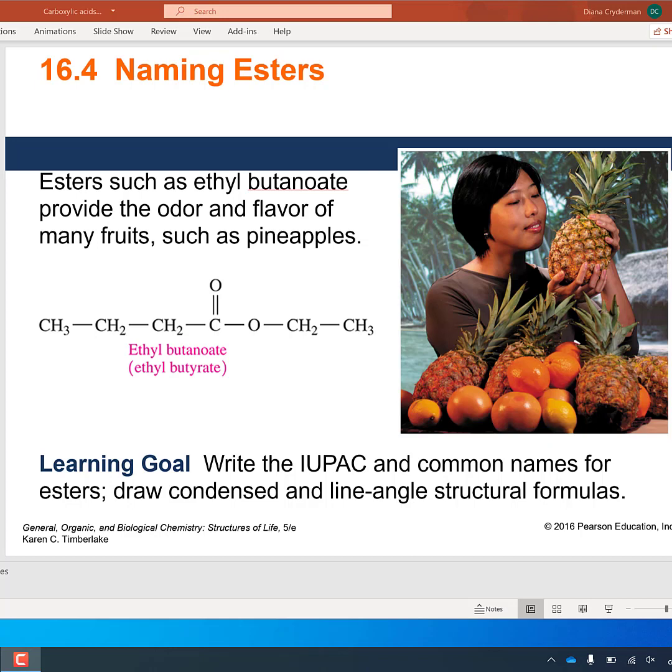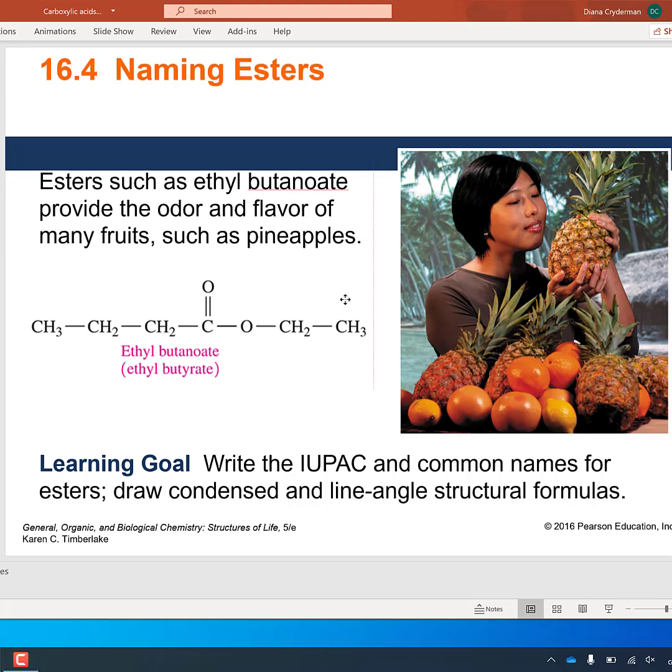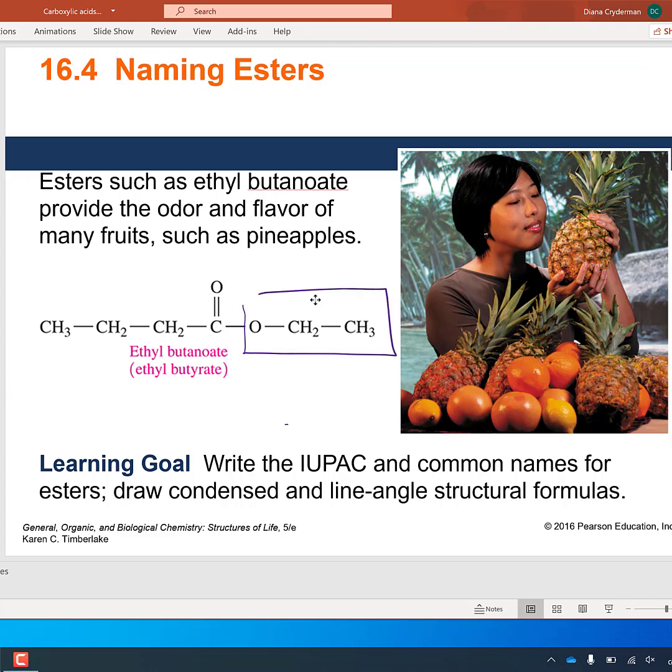If we look here at the molecule drawn here, which is actually the flavor and smell of pineapples, this is ethyl butanoate. We're going to break this down into what used to be an alcohol, and then what used to be the carboxylic acid.